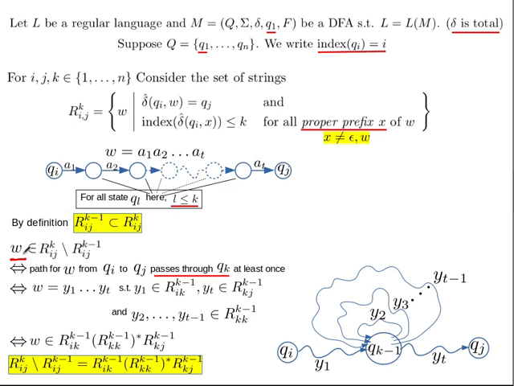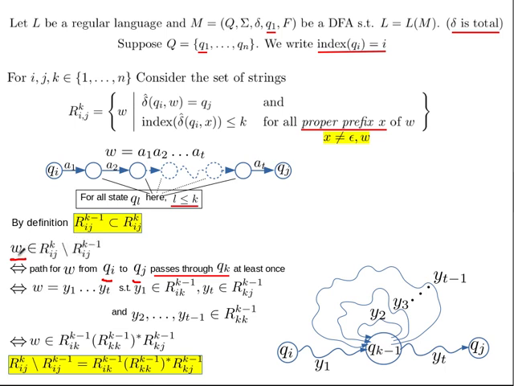Now see if this is the case. Okay. Then what can happen is, the path for w from qi to qj must pass through qk at least once, right? Because we are excluding this set.